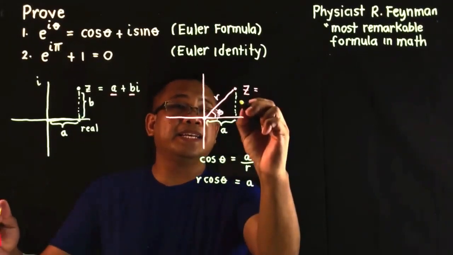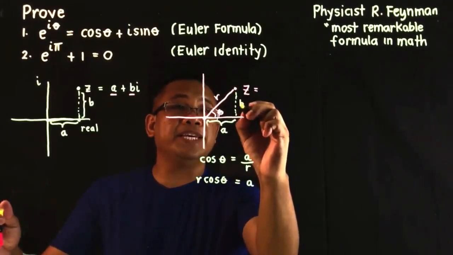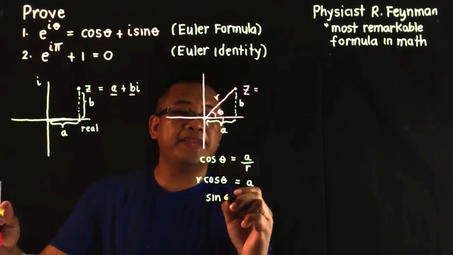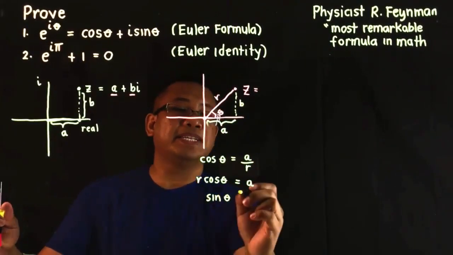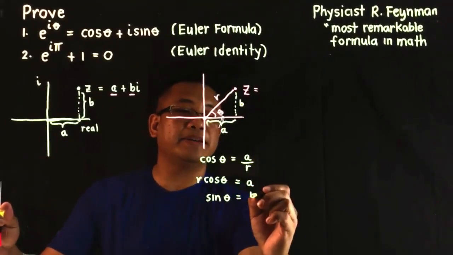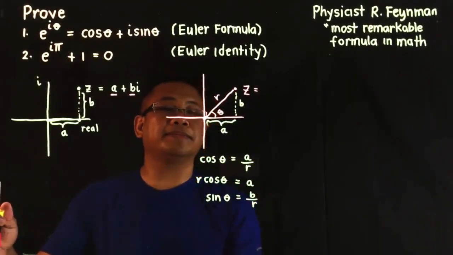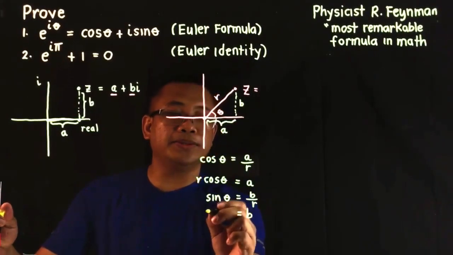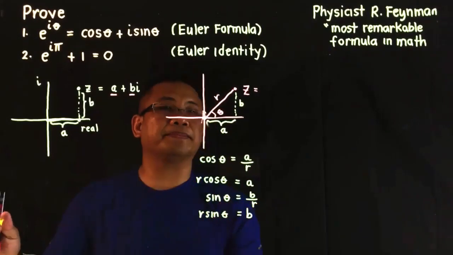Similarly, if this opposite side is b, then sine of the angle theta is equal to the opposite side b over the radius r, and solving for b, b is equal to r sine of theta.